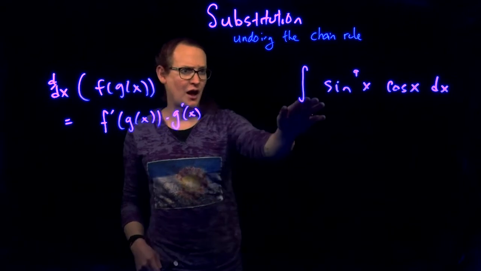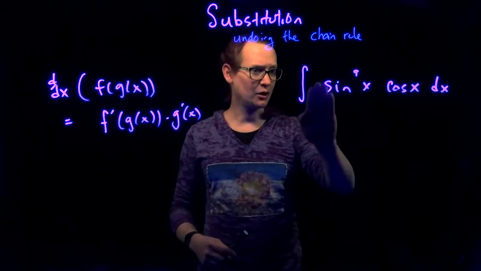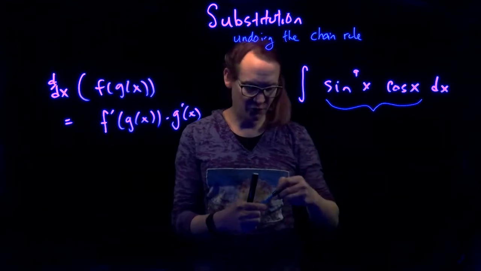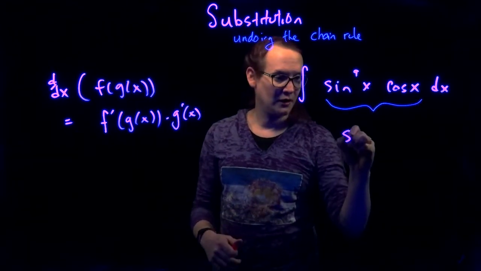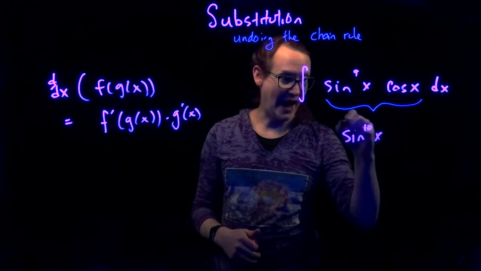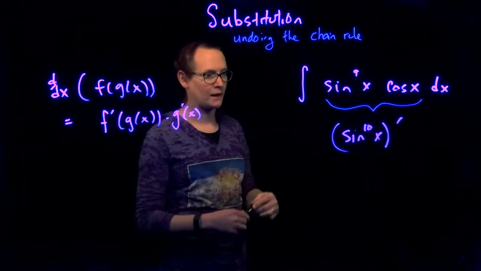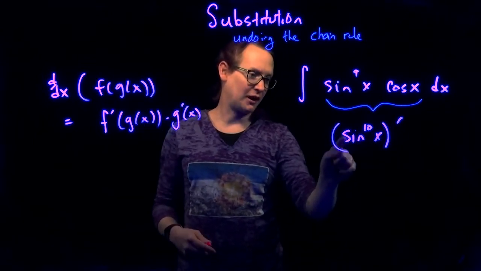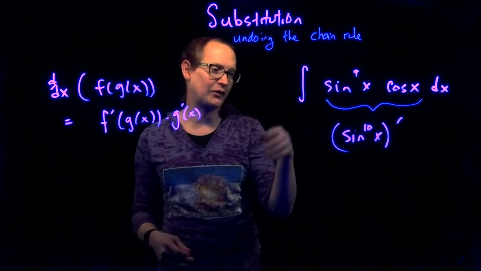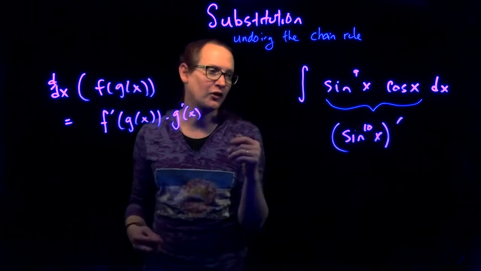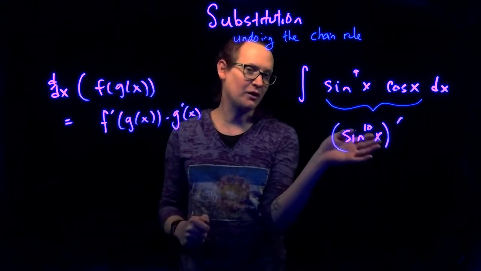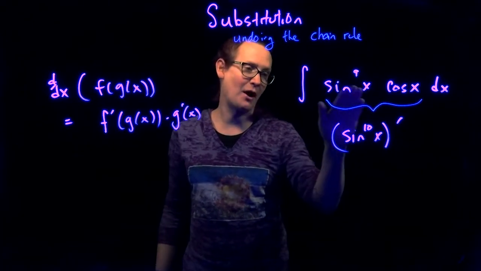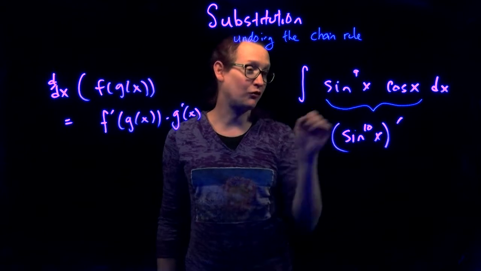This function right here is the derivative of sine to the 10th of x, up to a scale. We'll deal with scalars when we deal with a particular problem, so don't worry about the coefficient. We're just thinking about the actual form of the function.